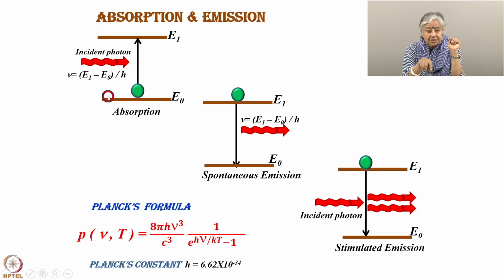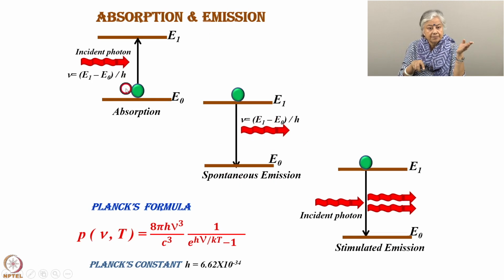Now, once it is in the higher level E1 state, it can on its own after some time just come down to the E0 state and radiate. Where will that energy go? It had that extra energy, it has come down to a lower state, that energy has to be released. So, it releases a photon which has an energy E1 minus E0.